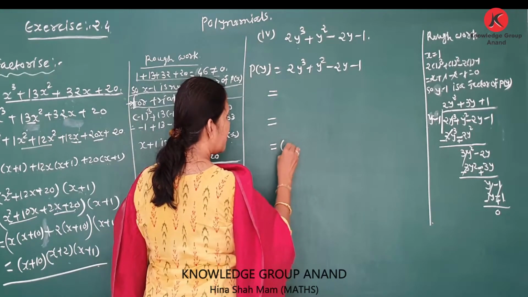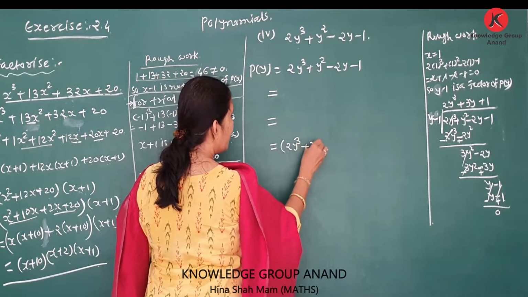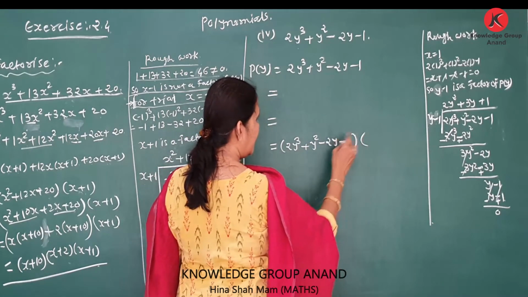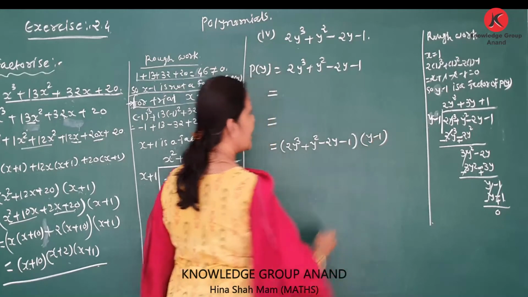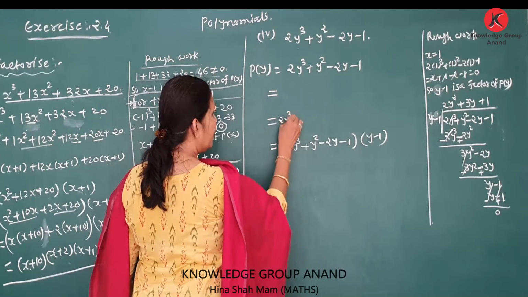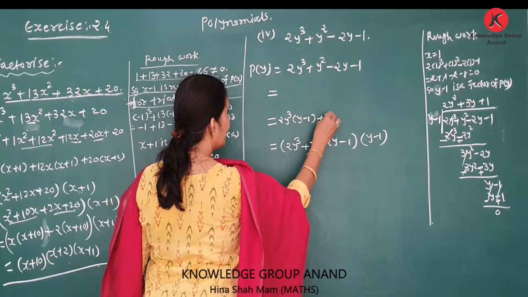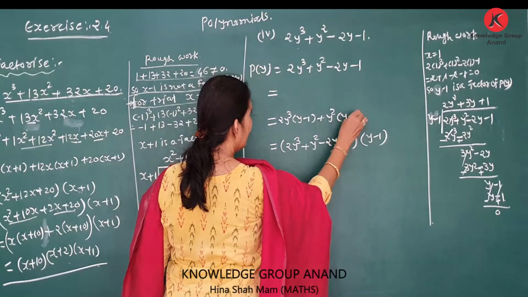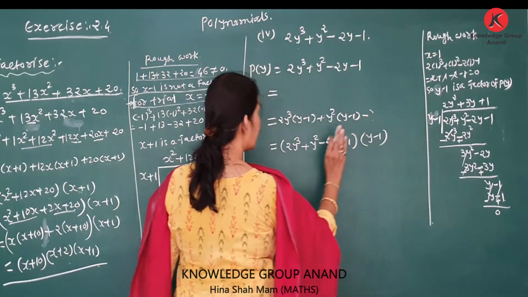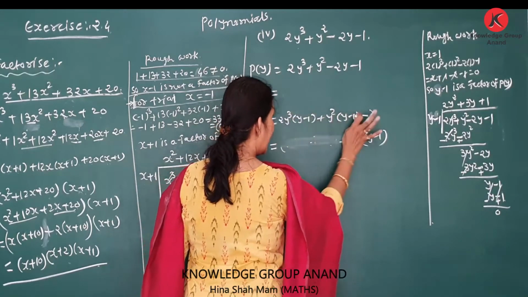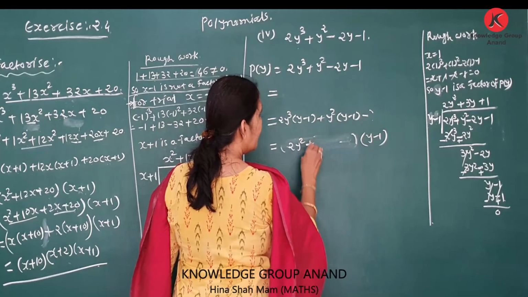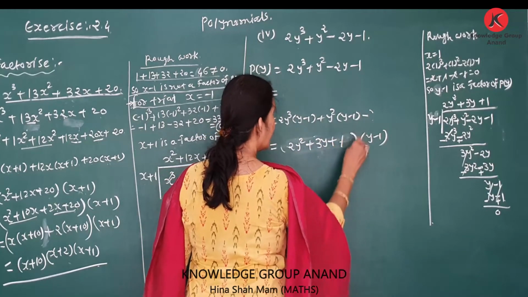First we write the quotient, 2y square plus 3y plus 1, into y minus 1.